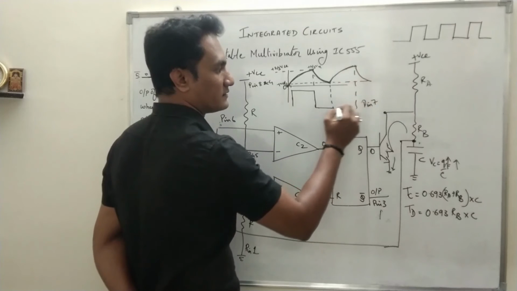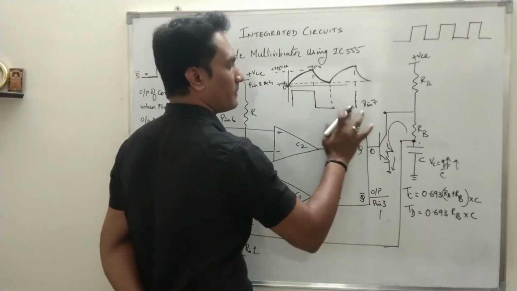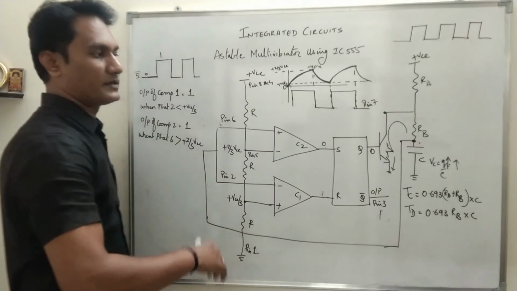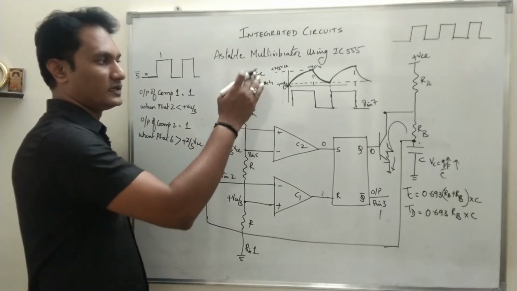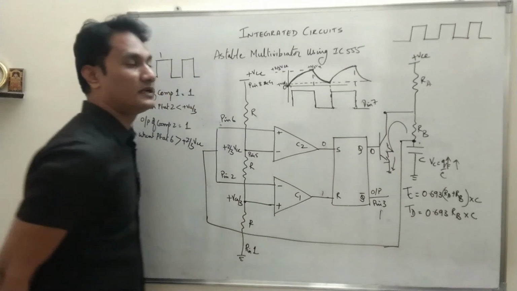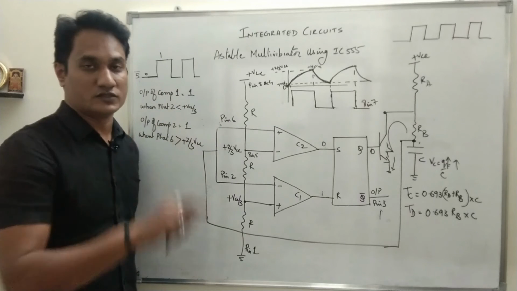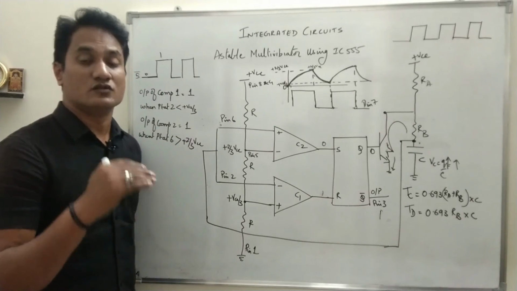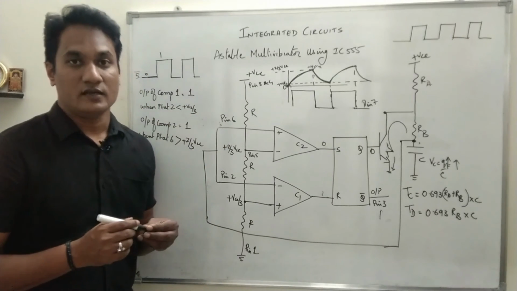So the capacitor will discharge, charge, discharge, charge, and the output will keep on changing 0, 1, 0, 1. So as I said, in an astable multivibrator you don't have to give any external triggering. The output will keep on changing from 0 to 1 and 1 to 0 by its own. As there is no stable state, the circuit is called an astable multivibrator.